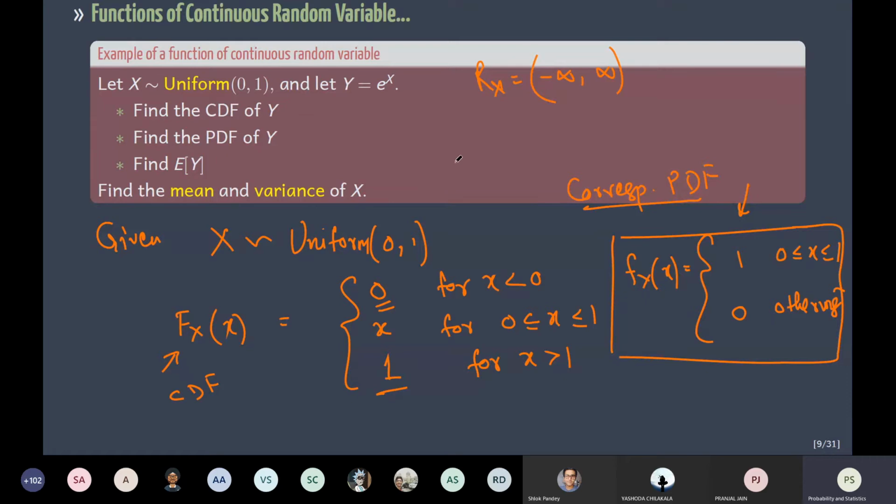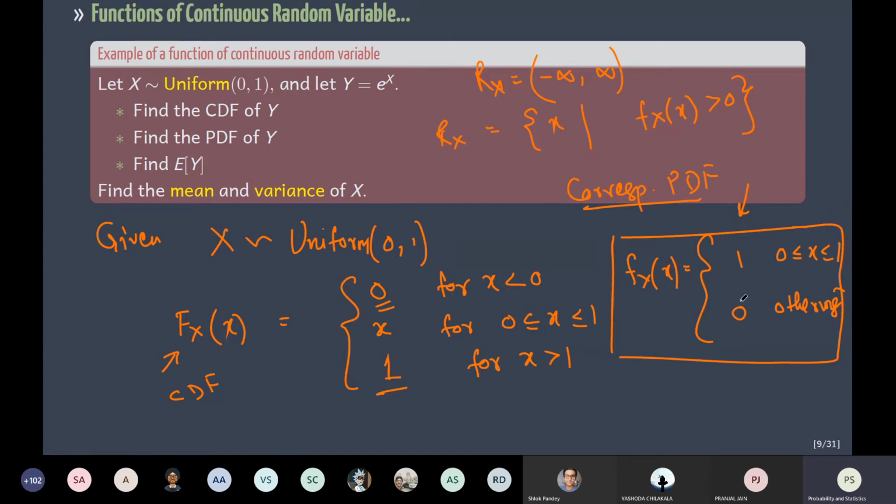Remember that we redefine the range to be the set of all x such that f_X(x) is greater than 0, because any place other than these is where f_X is 0, since f_X is always greater than or equal to 0. So the only possibility is either greater than 0 or equal to 0.